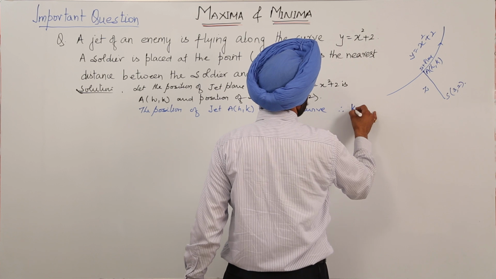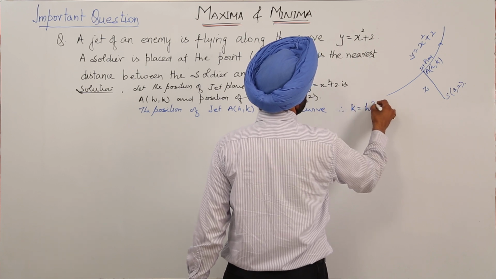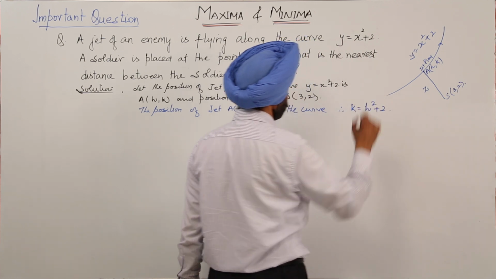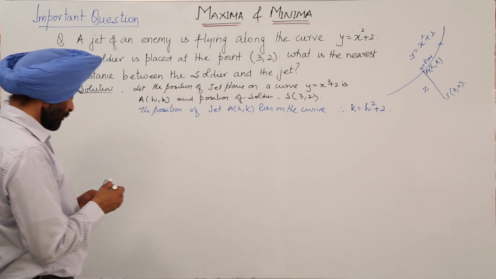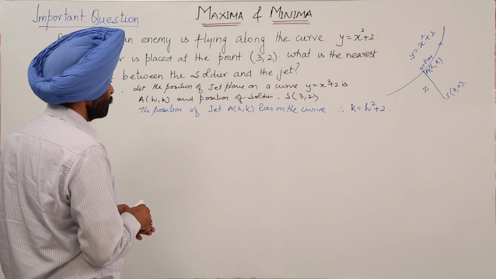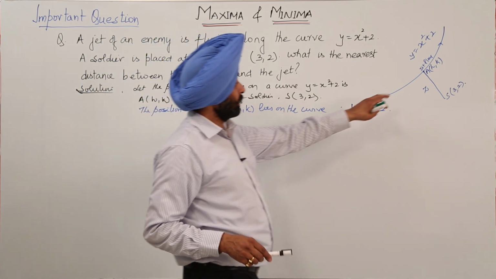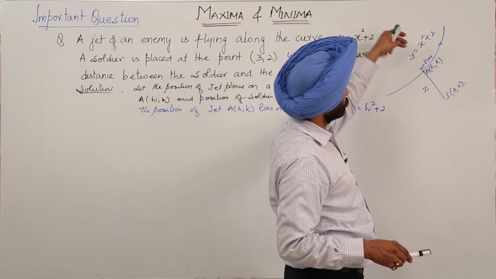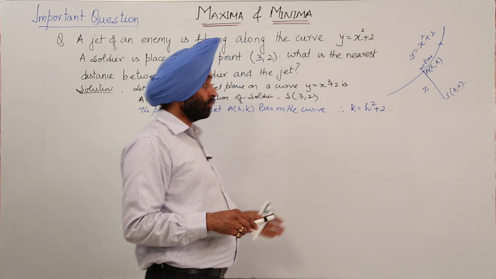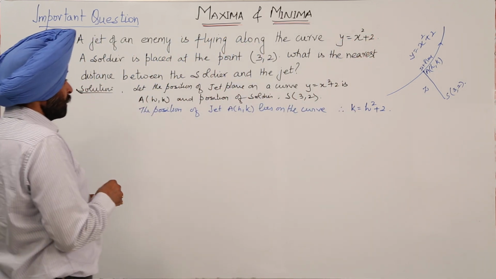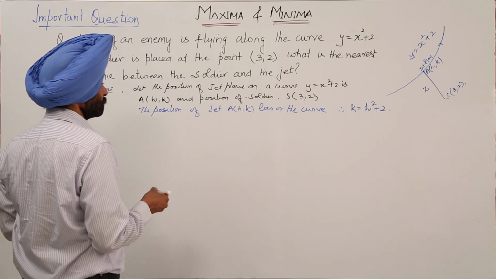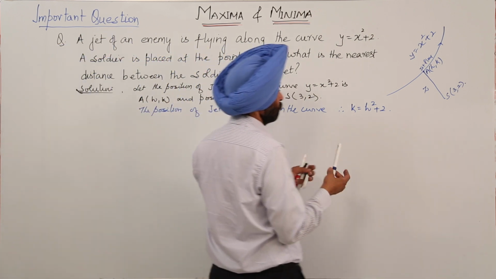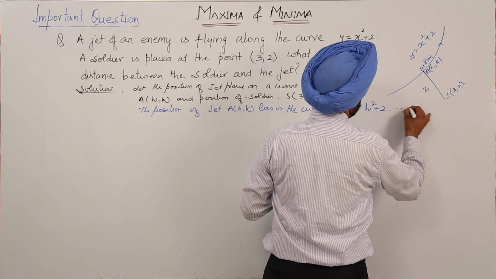We can write k is equal to h square plus 2. Because this point A is on this curve, and h and k are the coordinates, we can put h and k for x and y. Let this be number 1.